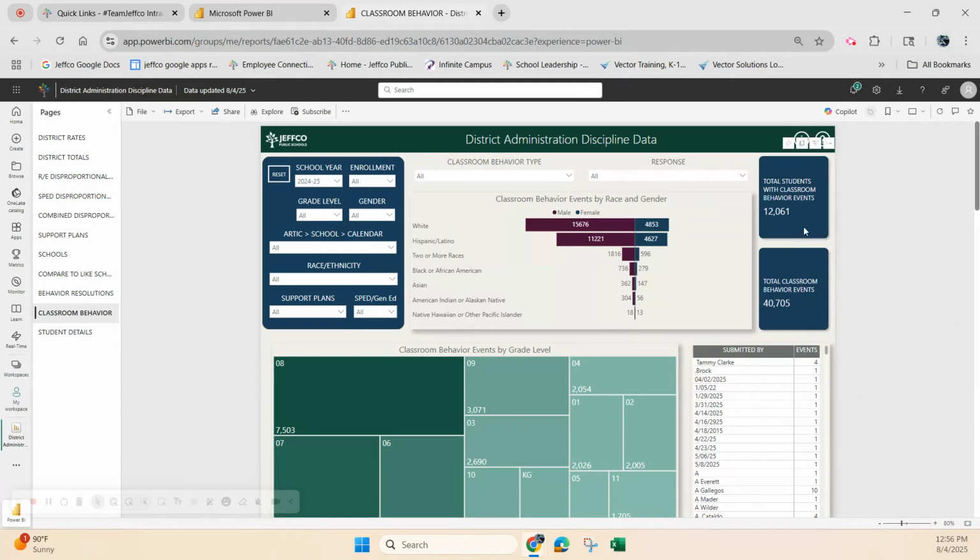You can see district-wide we had 12,061 individual students that had at least one classroom behavior event documented, and in total we had 40,705 classroom behavior events that were documented. Here's our breakdown by race and gender.